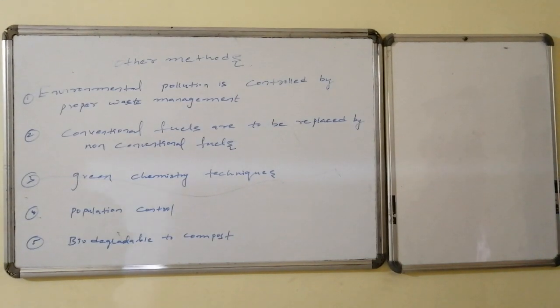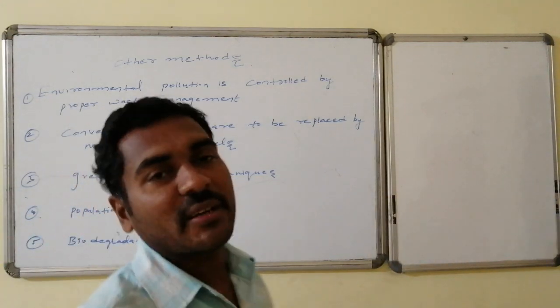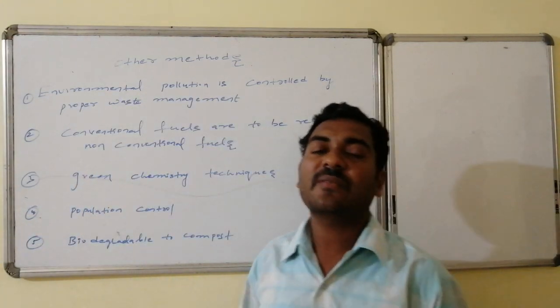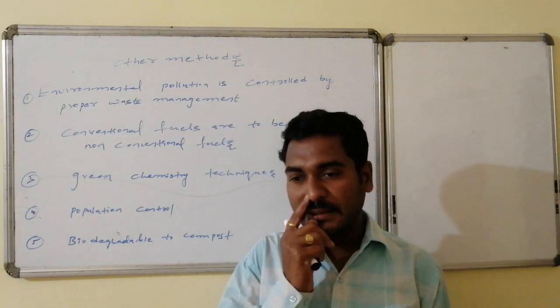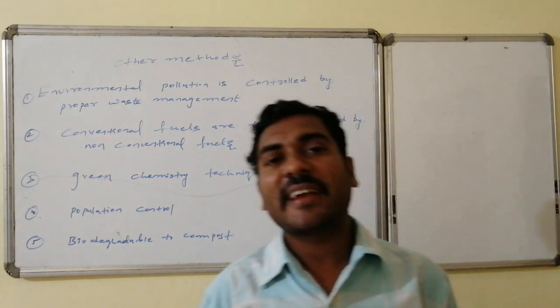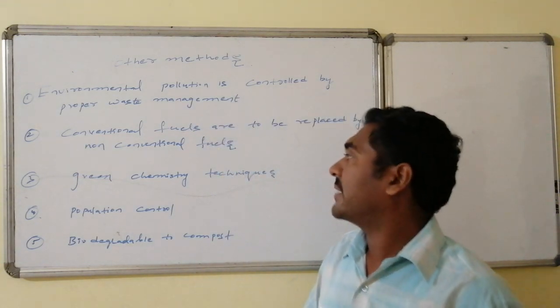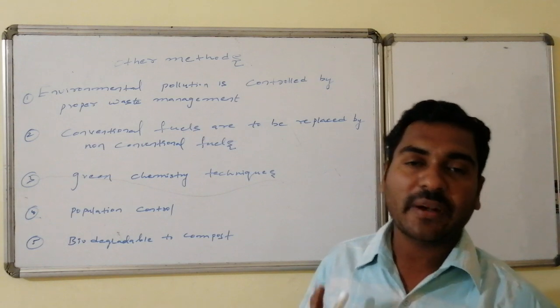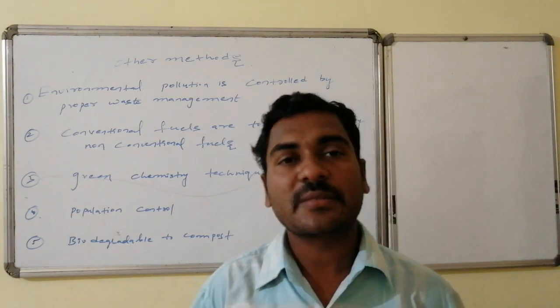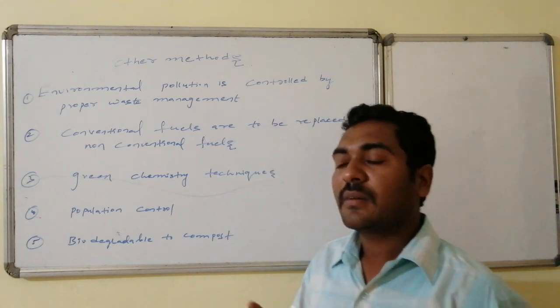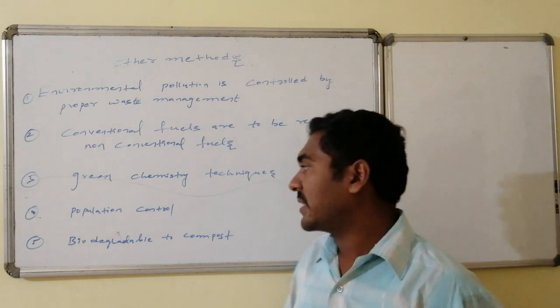The other methods that are applicable for controlling pollution: environmental pollution is controlled by proper waste management, and conventional fuels are to be replaced by non-conventional fuels like solar energy and hydrogen gas, etc. Green chemistry techniques are to be applied in industry, especially in research work, for maintaining lower pollution levels.